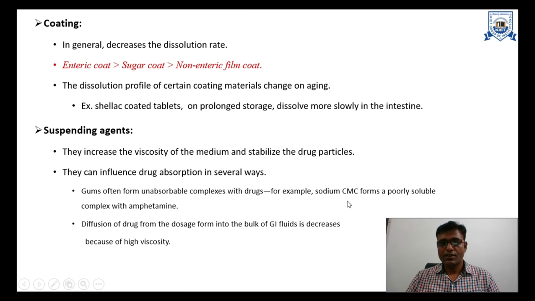An example of this is sodium CMC, which forms a poorly soluble complex with amphetamine. Another is that the diffusion of drug from the dosage form into the bulk of the GI fluid decreases because of the high viscosity. Because the medium is viscous, the drug particles will not come out easily from this medium.